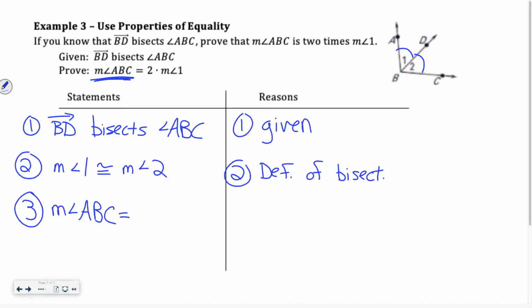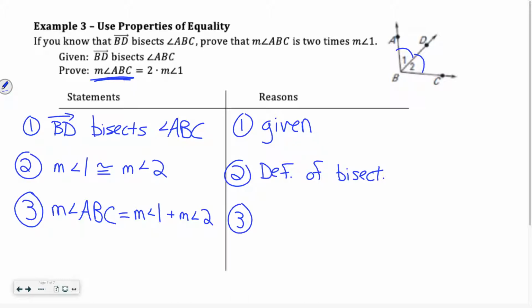Now, we're trying to prove measure of angle ABC equals something. So let's start by saying something about measure of angle ABC. What two parts make up angle ABC? The two smaller angles are angle 1 and angle 2. So to get ABC, we would add up angle 1 plus angle 2.